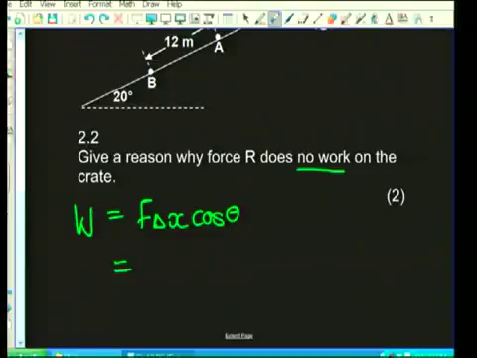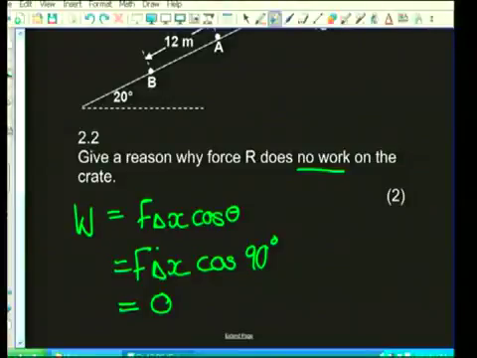If I put in whatever R is, the force, times whatever that distance is, and I've got to times it by cos 90 degrees. If you put cos 90 into your calculator, you're going to get 0. That gives me 0. So R does no work because it is perpendicular to the direction of motion. It is perpendicular to the direction of the motion.